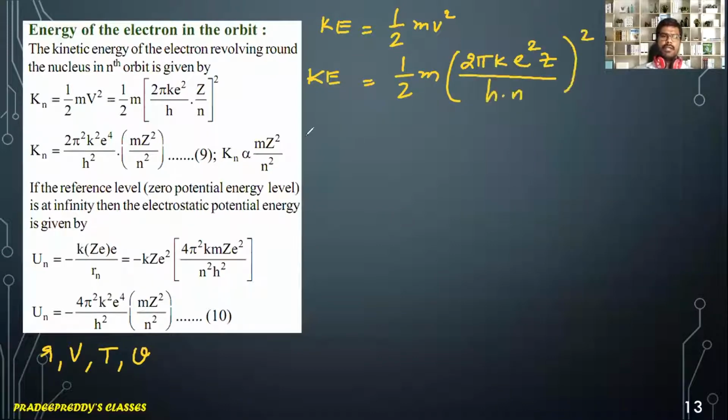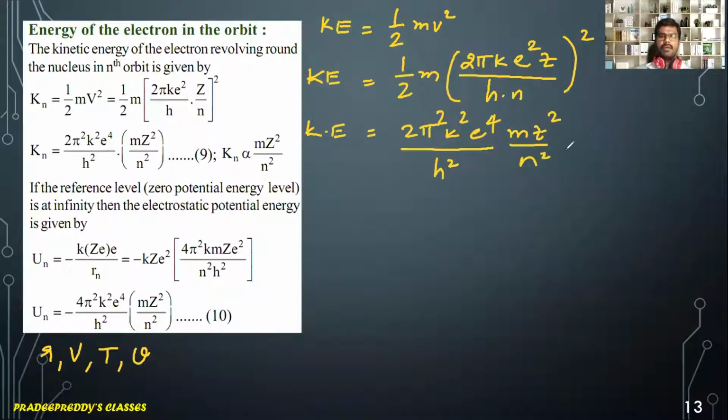Now this gives kinetic energy is equal to 2 pi square k square e power 4 divided by h square into m z square divided by n square, where m is the mass of the electron.